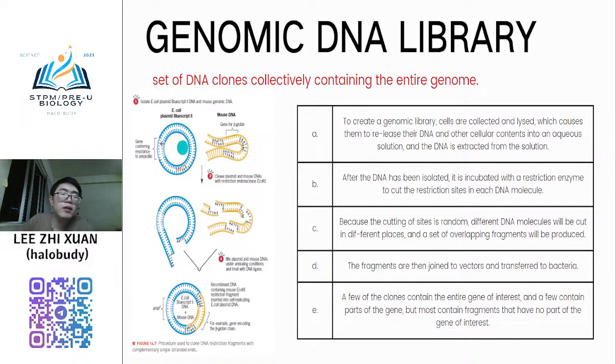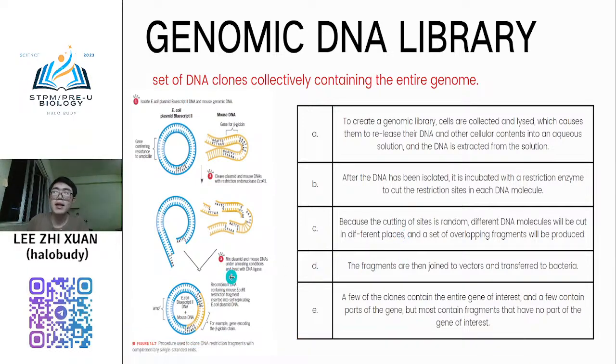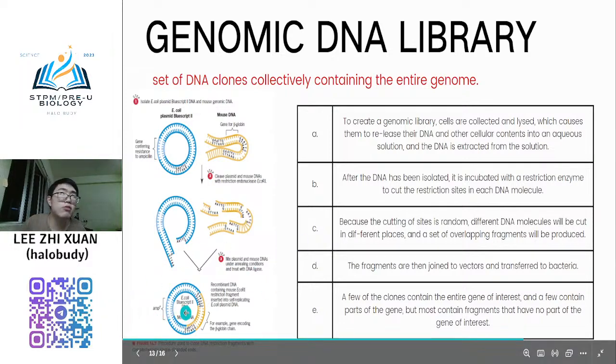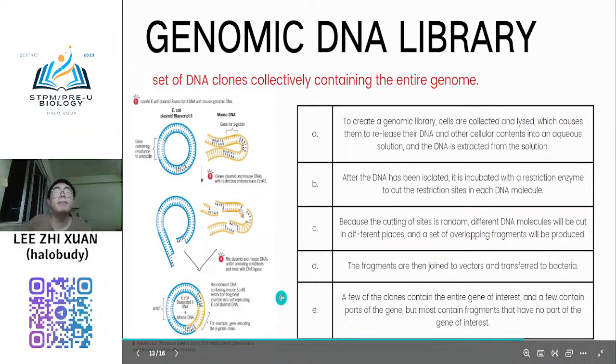So maybe you will see recombinant plasmid A and recombinant plasmid B, and maybe A and B have some genes that overlap. Like A's gene origin contains 1000 base pairs, B has 1000 base pairs, but within these 1000 base pairs maybe 200 to 300 overlap with B's recombinant plasmid.